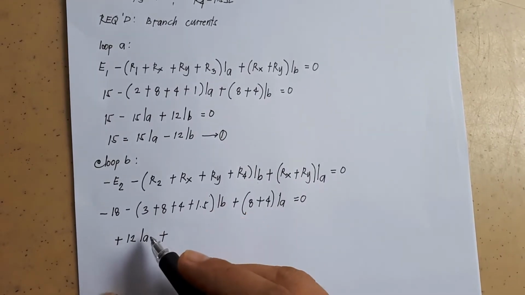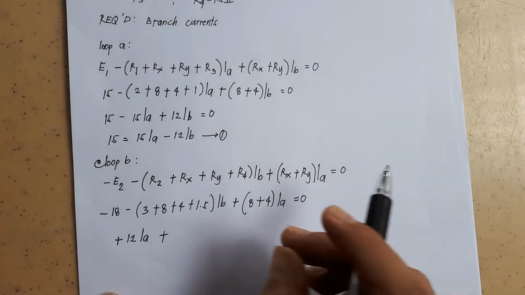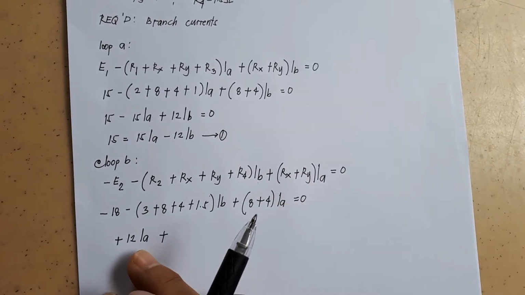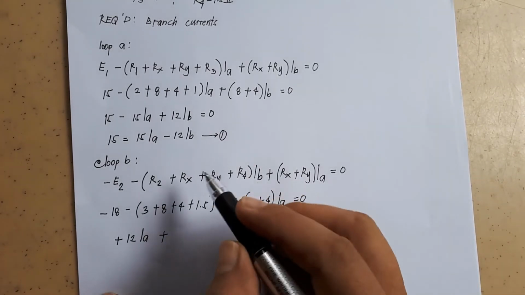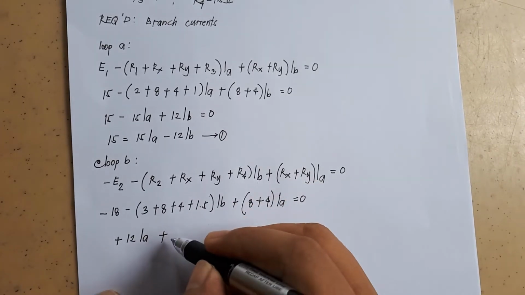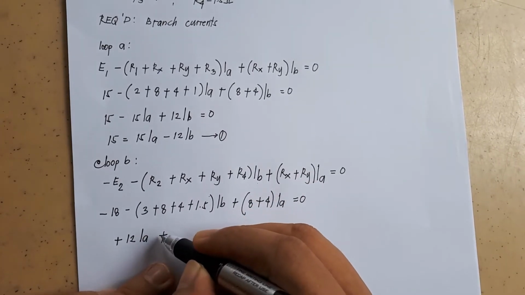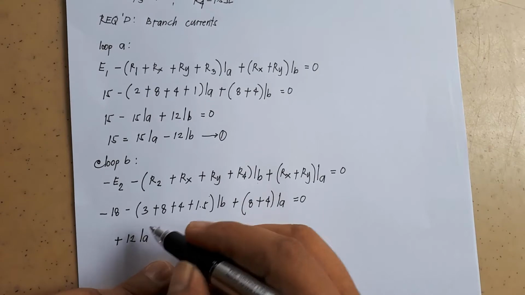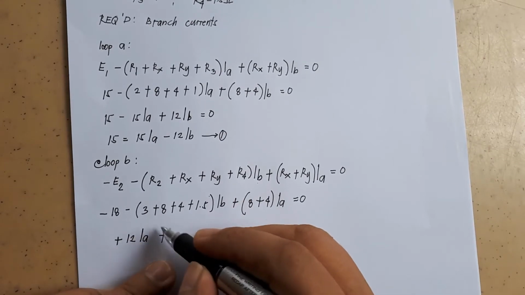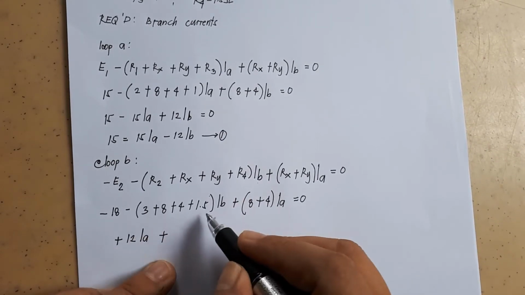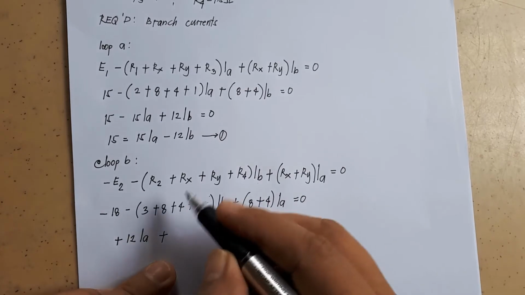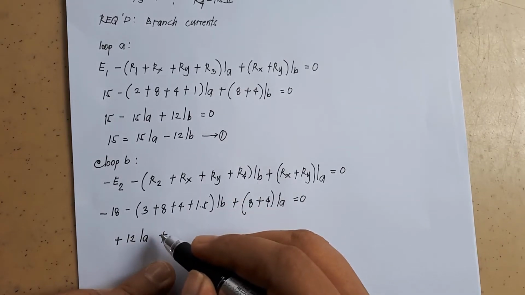What I'm trying to do now is arrange this in a manner that it comes A and then B. But it's okay. Here we have the coefficients of IB.